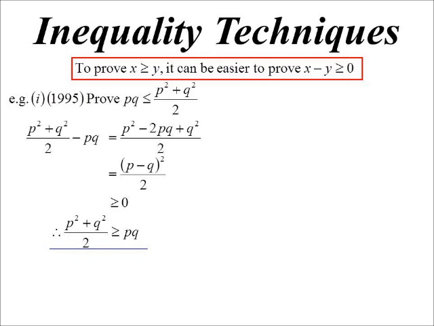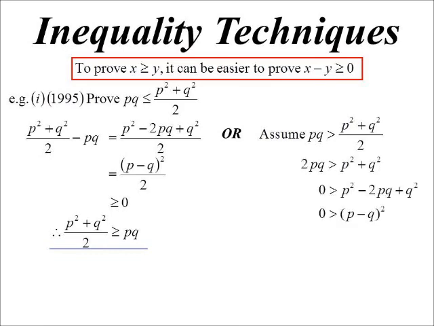Well, technically it's written the other way around to what they asked to be proven, but obviously it's the same thing. Okay, now had I done this by contradiction, again, I'm not suggesting you'd use this method, but let's do it by contradiction and say, no, we're going to assume pq is actually bigger than p squared plus q squared on 2. Well, if that's true, because remember, I'm assuming this to be a fact, so I can play around with this.